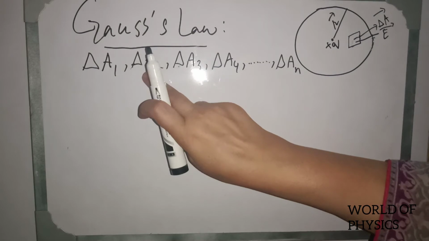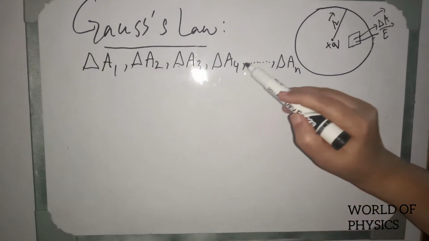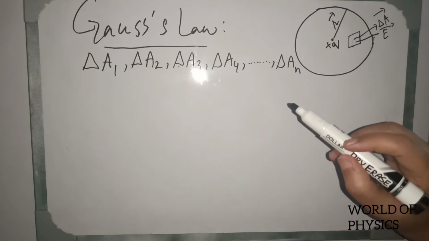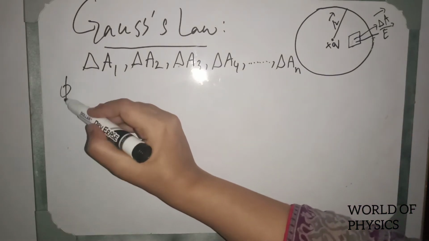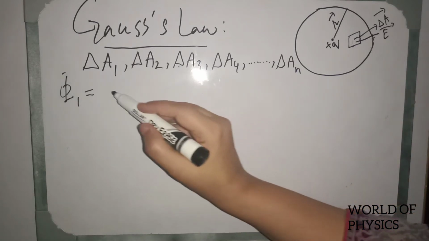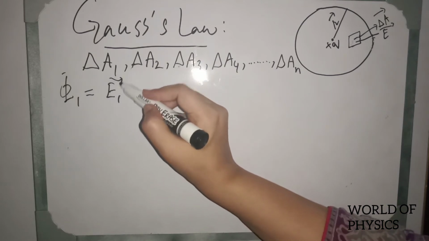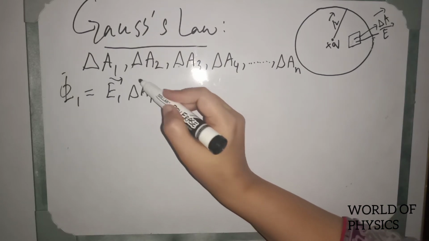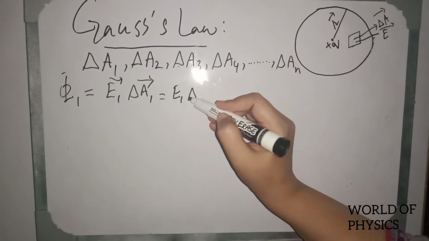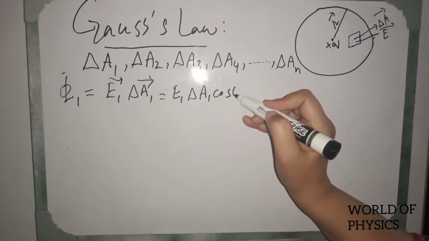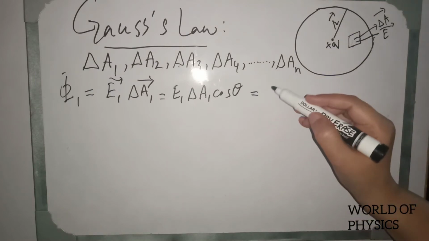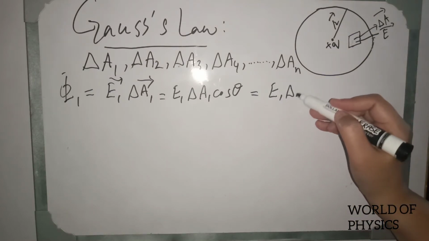Now we have to calculate the total flux of all these surfaces. For example, phi 1 is the flux passing through surface delta A1, so this will be equal to E1 delta A1 cos theta. Obviously here cos theta is equal to 1, that's why this flux is equal to only E1 delta A1.